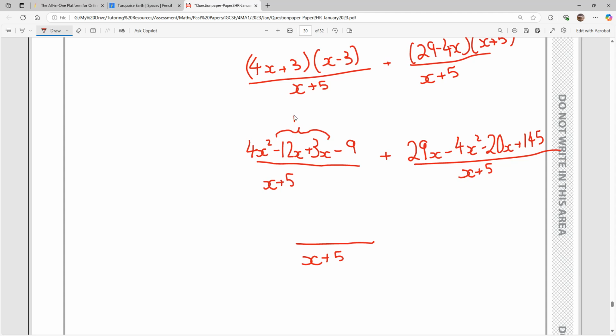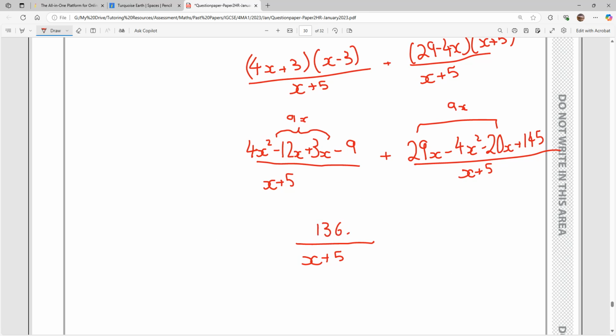Minus 12 plus 3 is going to be minus 9x, and this term is going to be 9x, so they're just going to disappear as well. Then we've got minus 9 plus 145, which is 136. So then we've got 136 over x plus 5.